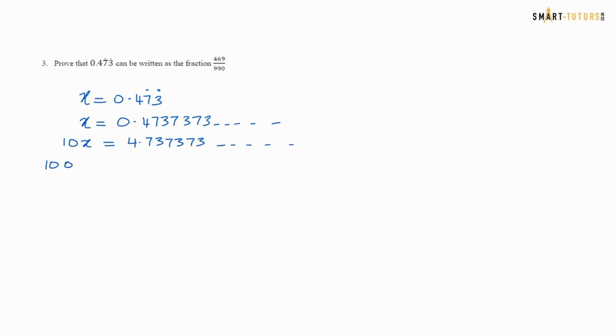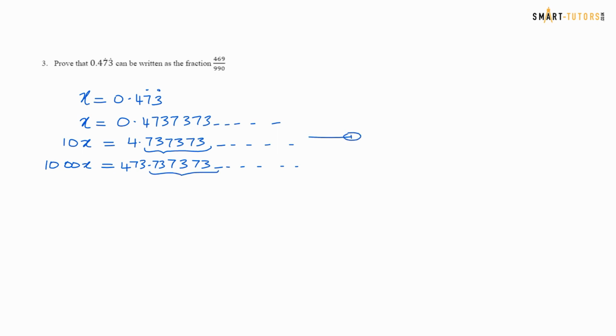Times it by 1000x, which is a 3 decimal jump, 1, 2, 3, so that is going to be 473.73. You may now understand what I am trying to do: the decimal part has to be the same.